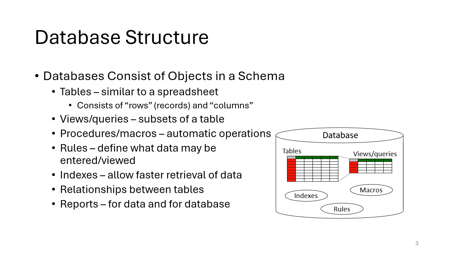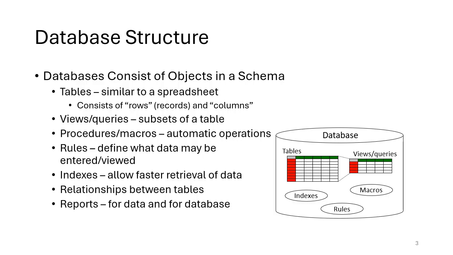Now, in our table, we need to restrict what information can be entered and possibly viewed, but certainly what data might be entered. So we can also have rules. For example, in your table, you might want to restrict the date and time format. Maybe you don't want milliseconds, so you might have a rule that says we only store the seconds value as a minimum, although you can also do that with the table definition, so maybe you don't need a rule for that.